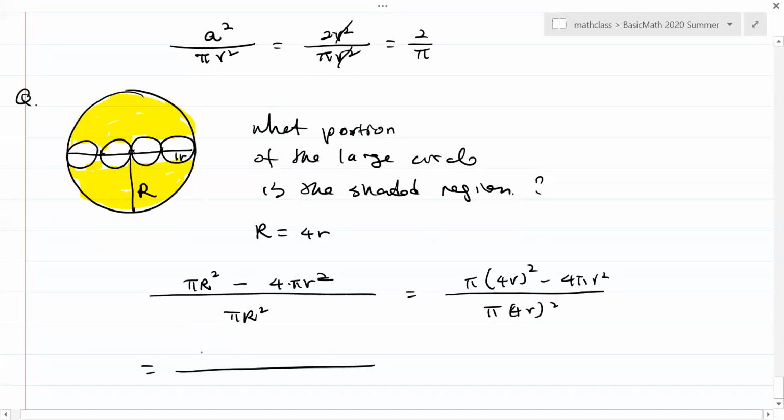The numerator will be 16 pi r squared minus 4 pi r squared, that's 12, and here's 16. So it's 3 over 4. Clear? Yeah, 3 over 4. Okay, so let's stop here.